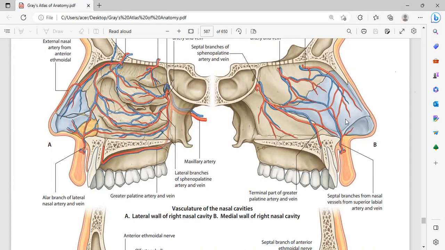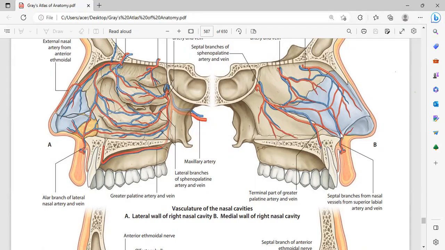It's formed on the lower part of the septum of the nose. It's formed by three arteries. It's formed by the greater palatine artery, which enters through the incisive canal. Then it's formed by the septal branches from the superior labial artery, which is a branch of the facial artery.